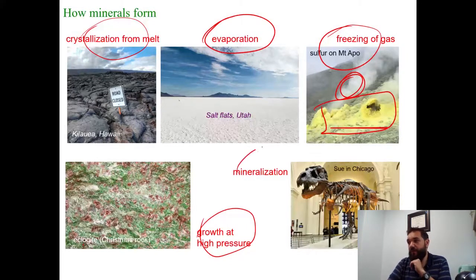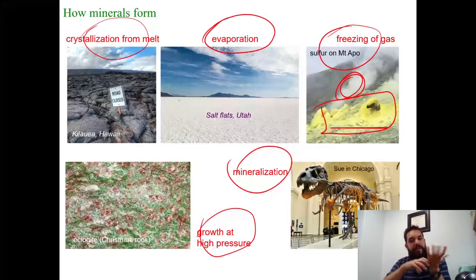Another important way is what's called mineralization or biomineralization. This is when, atom by atom, dead tissues or biological tissues, or any kind of matter that's not a mineral, gets replaced with mineral, atom by atom, molecule by molecule.